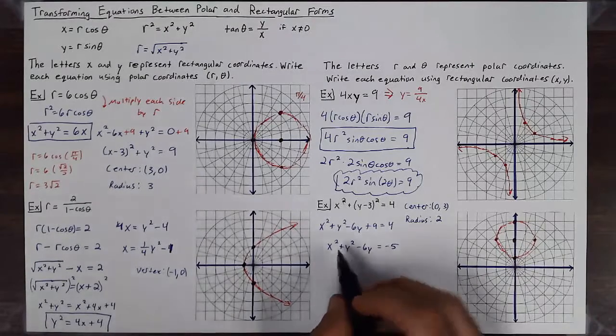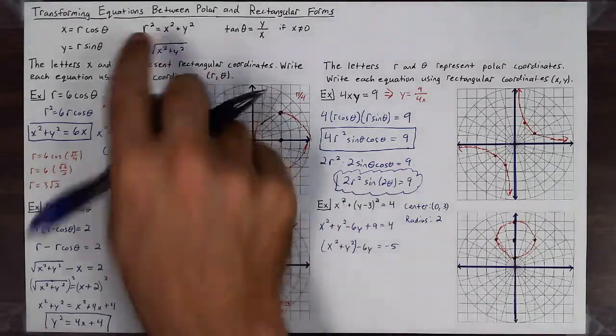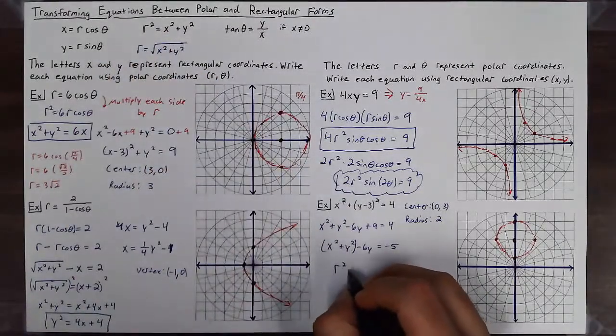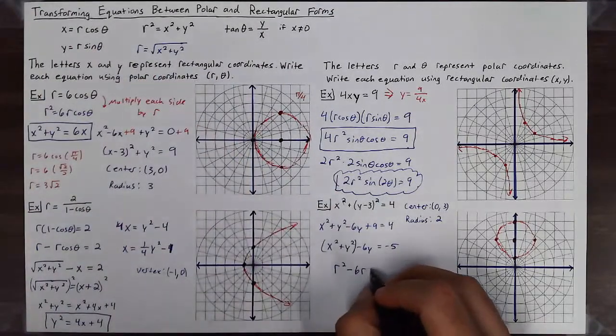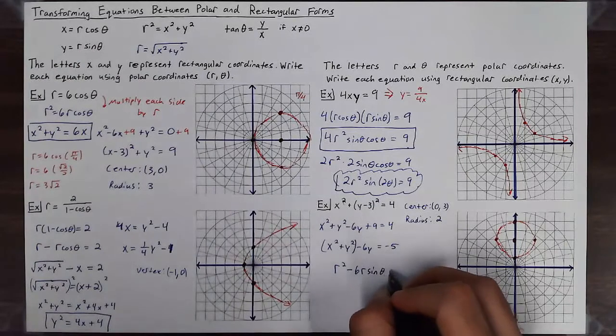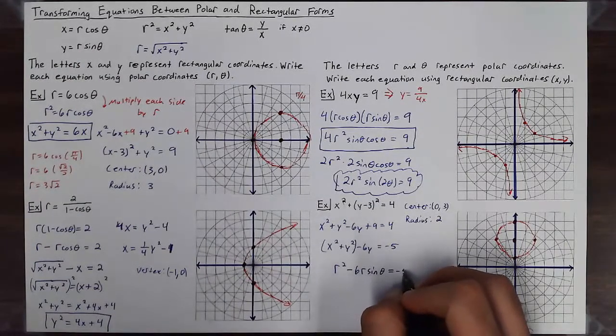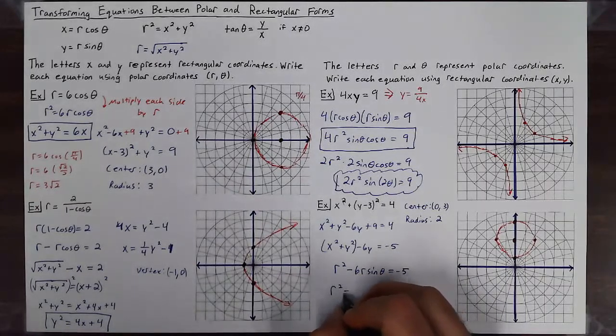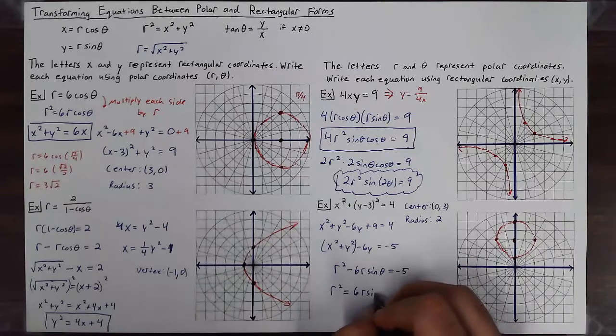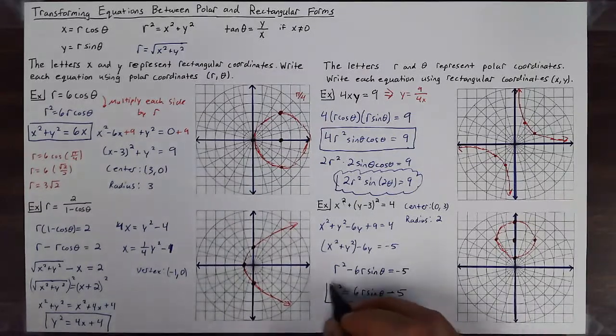And I know what x squared plus y squared is. That's r squared. And I know what y is. That's r sine theta. So I can put 6r sine theta equals negative 5. And just to make that a positive value, I can write this as r squared is equal to 6r sine theta minus 5. And that represents that circle.